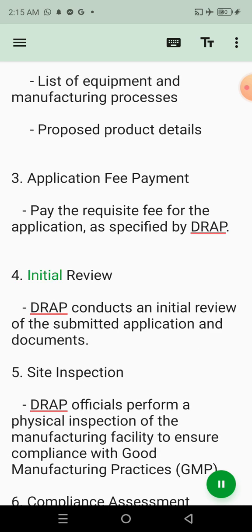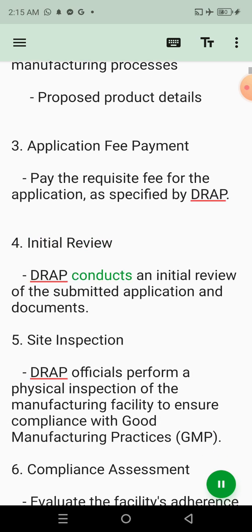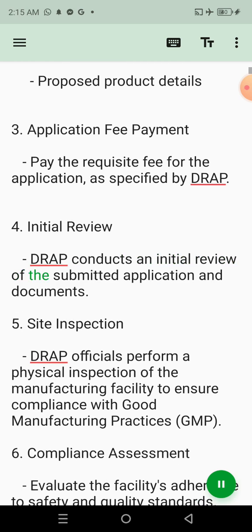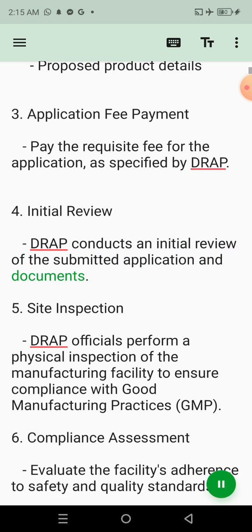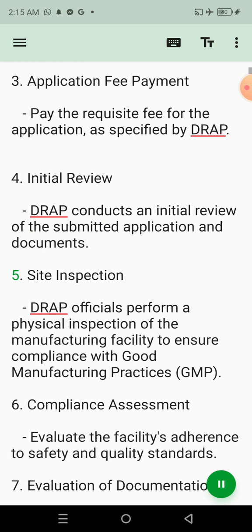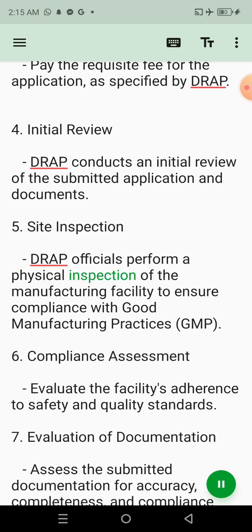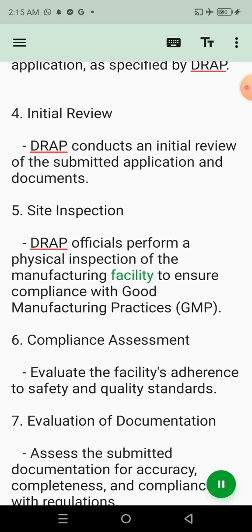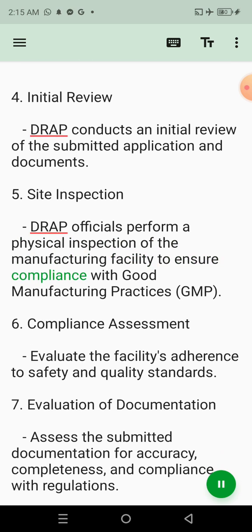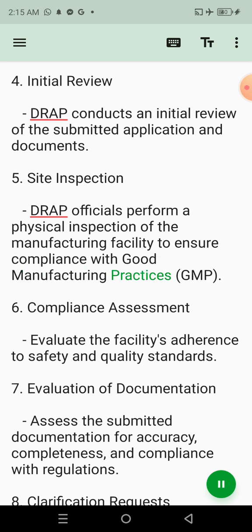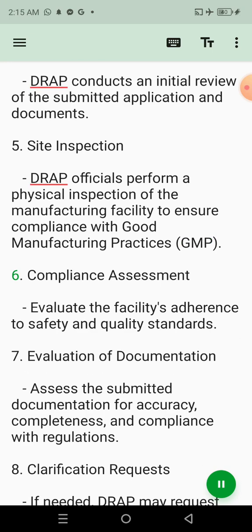4. Initial review. DRAP conducts an initial review of the submitted application and documents. 5. Site inspection. DRAP officials perform a physical inspection of the manufacturing facility to ensure compliance with Good Manufacturing Practices (GMP). 6.